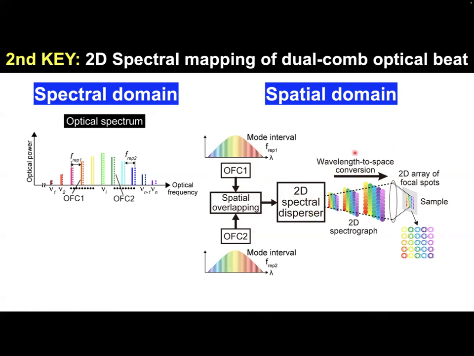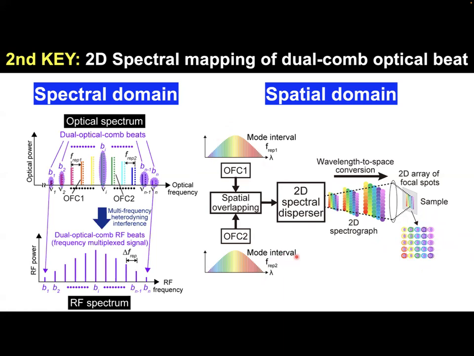So each mode of OFC1 and OFC2 is separated at a different solid angle and makes the 2D spectral graph on the sample surface as a 2D array of focal spots. Here, the solid circle and the dashed circle correspond to the 2D array of focal spots of OFC1 and OFC2, respectively.